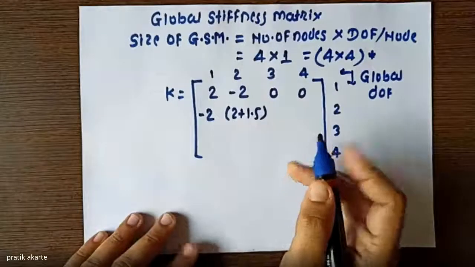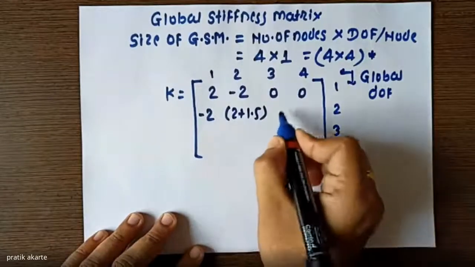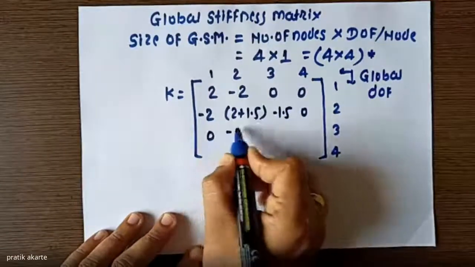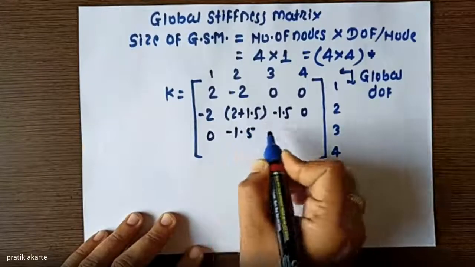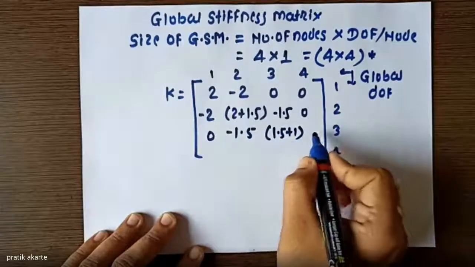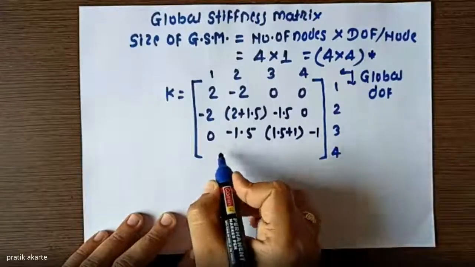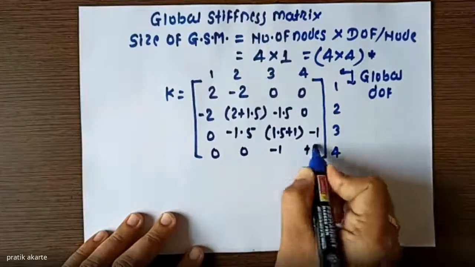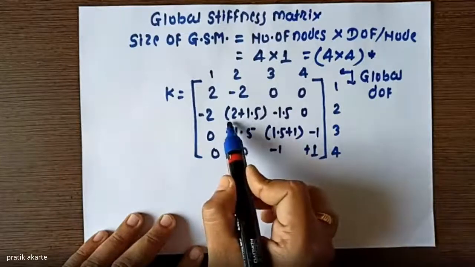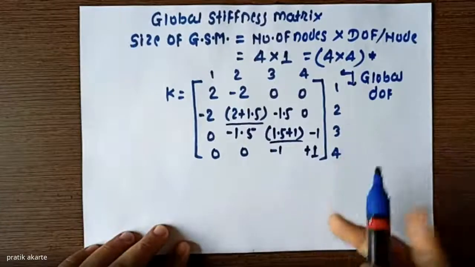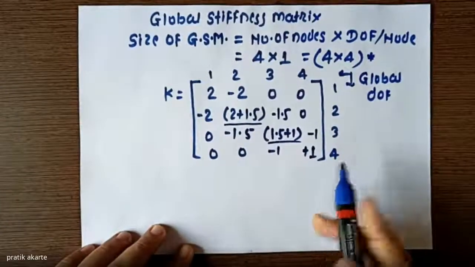Pardon me for that. Then minus 1.5, 0, 0 minus 1.5, then 1.5 plus 1 minus 1, 0, 0 minus 1 and plus 1. Now I'll concentrate on these additional terms. Rest of the things are straightforward.